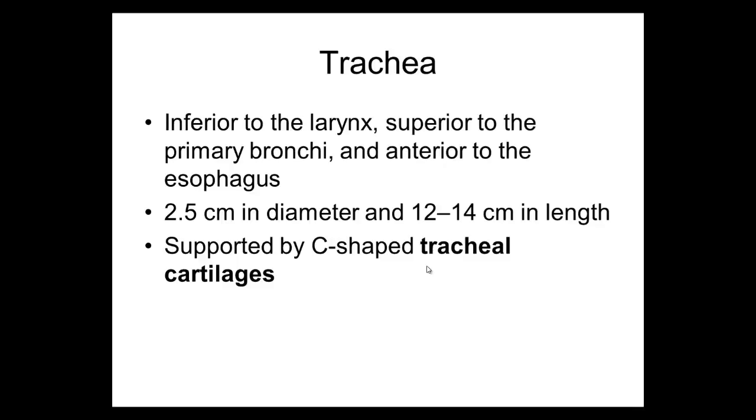We're good with the cartilages of the larynx. The thyroid, the cricoid, and the epiglottis are the single cartilages, and then we have the paired cartilages, the arytenoid, the corniculate, and the cuneiform, right? Please remember that the muscles attach between the cricoid cartilage and the arytenoid, the lateral and the posterior cricoarytenoid.